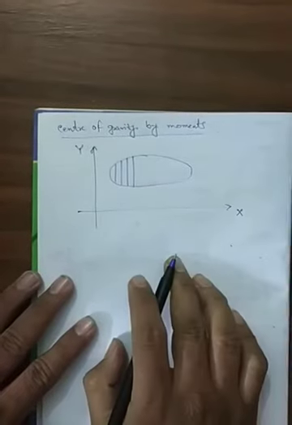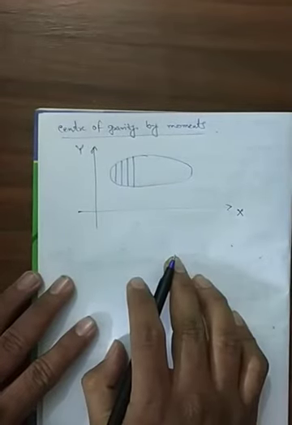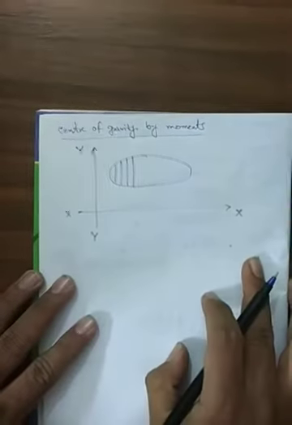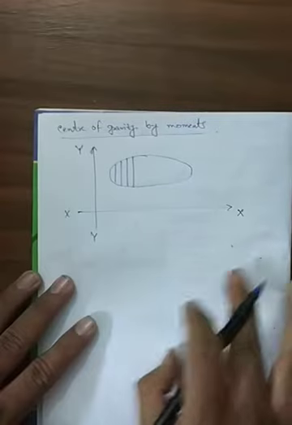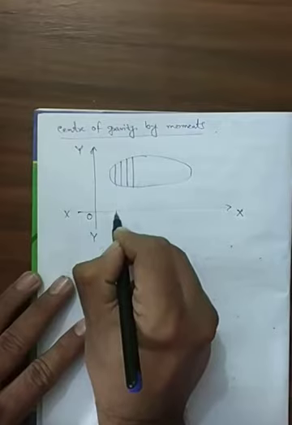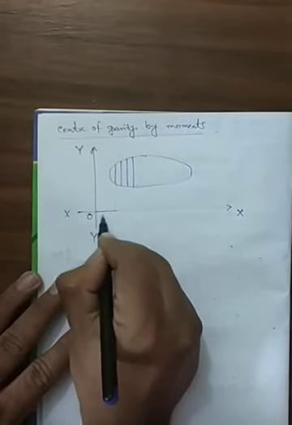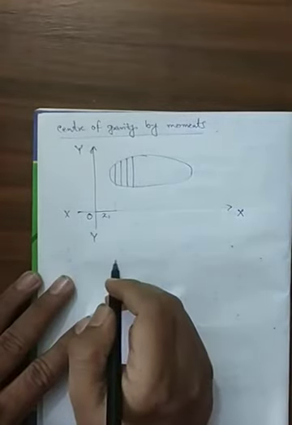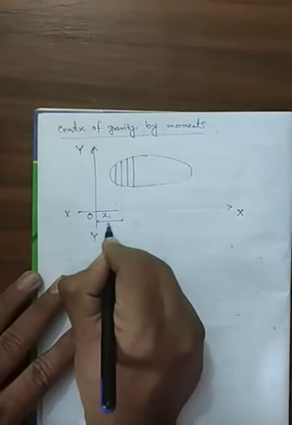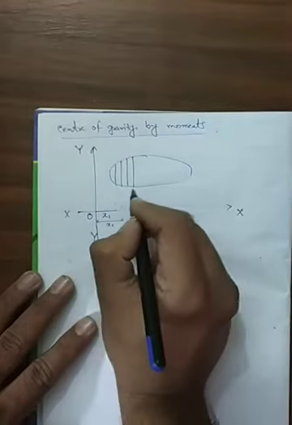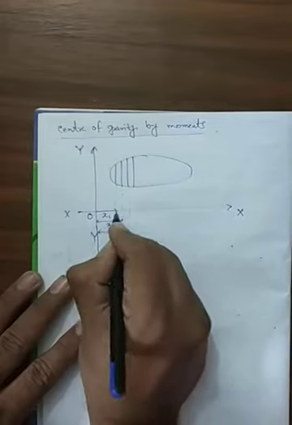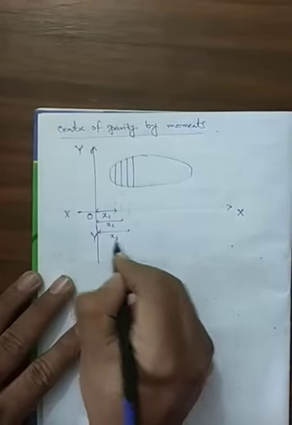Now take this distance as x1, this distance as x2, this one is x3, and it goes on.